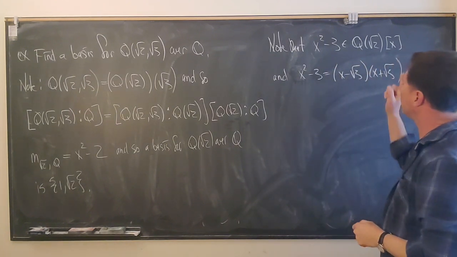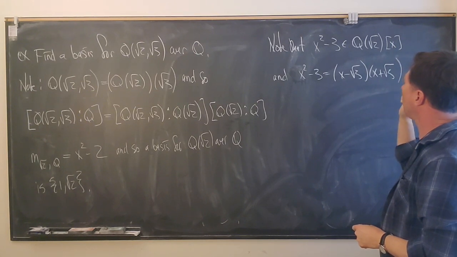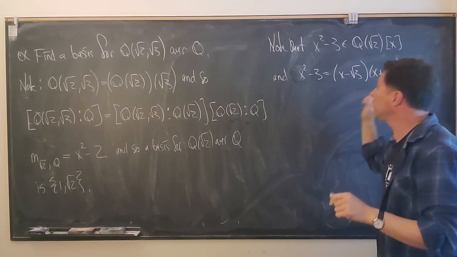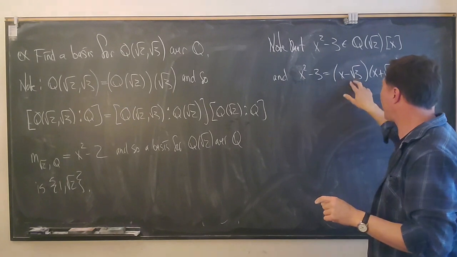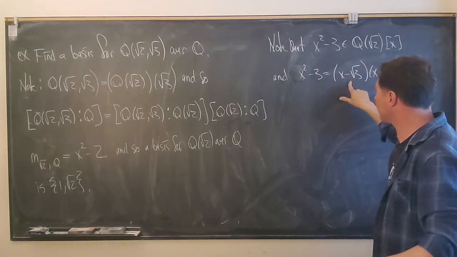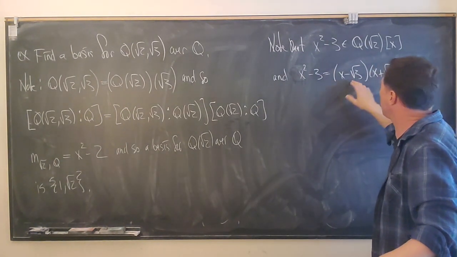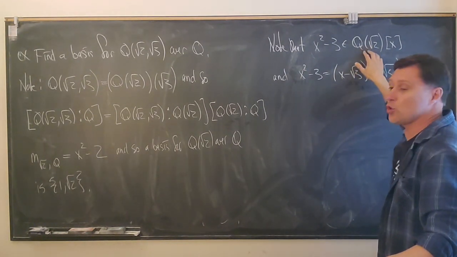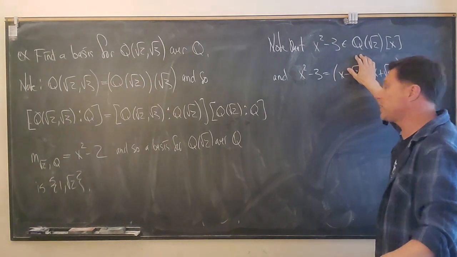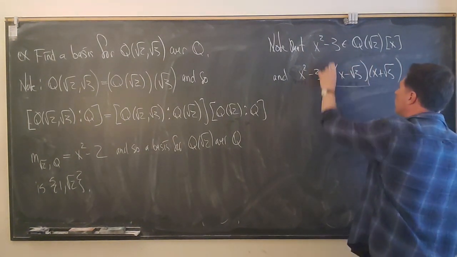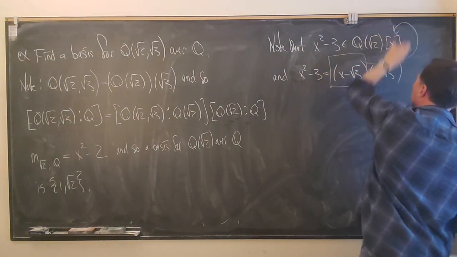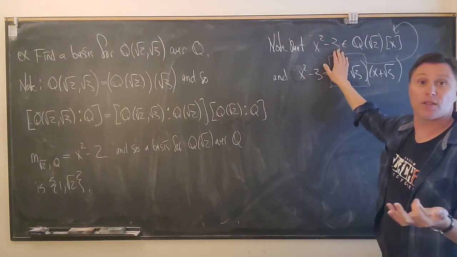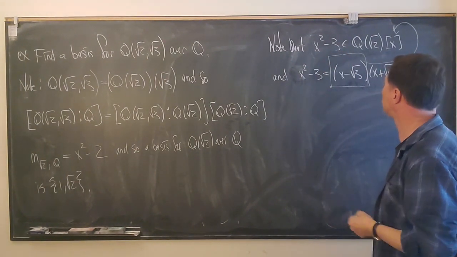So if there's going to be a polynomial of lesser degree, it would have to be one of those polynomials right there. And so if we can show that root 3 does not live in Q adjoin root 2, then we'll be done. We'll say, well, then this polynomial does not live in here, so this is the polynomial of smallest degree for which root 3 is a root.